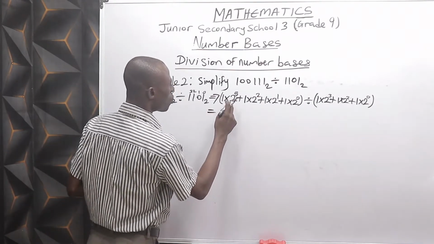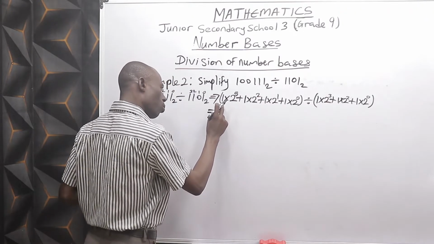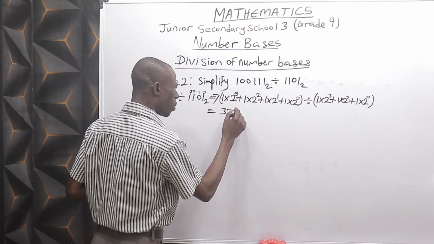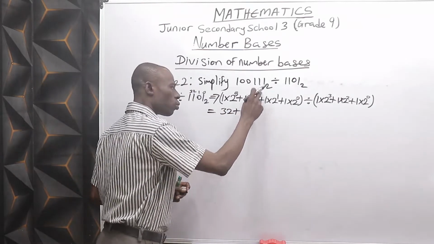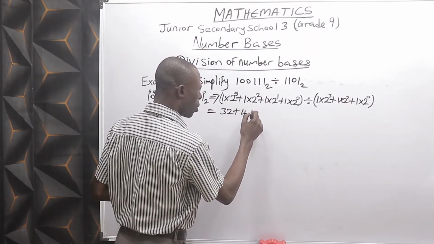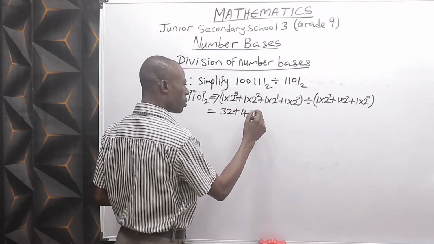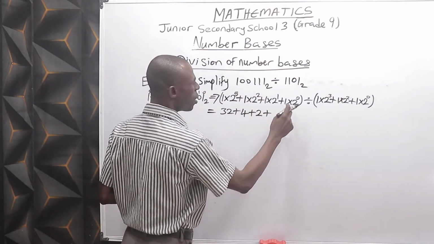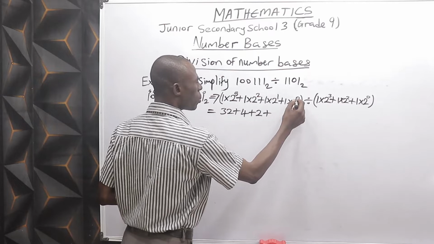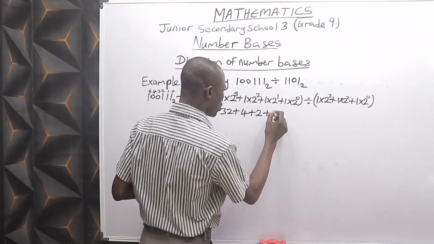So 2 raised to power 5 is 32. 32 times 1, that is 32, plus 2 raised to power 2 is 4. 4 times 1 is 4, plus 2 raised to power 1 is 2, times 1 is still 2, plus 2 raised to power 0 is 1. 1 times 1 is 1.